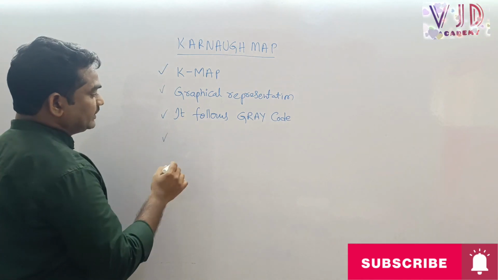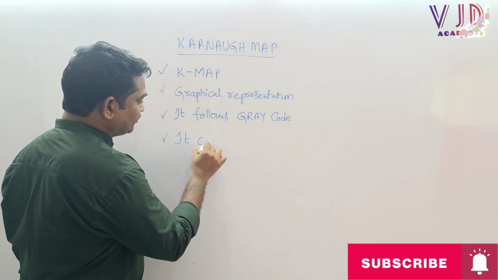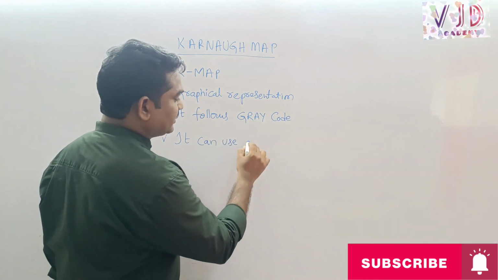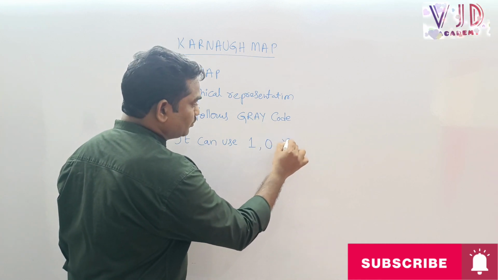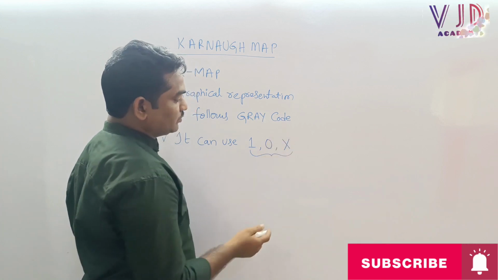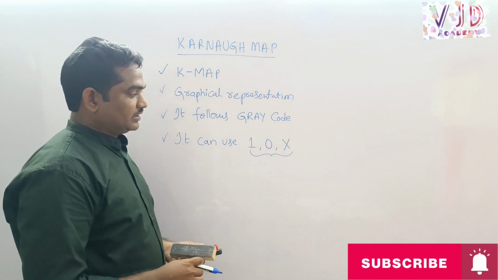And it can use three digits, which are 1, 0 and also don't care. These are the three terms K-map can use to minimize any logical expression or logical equation.